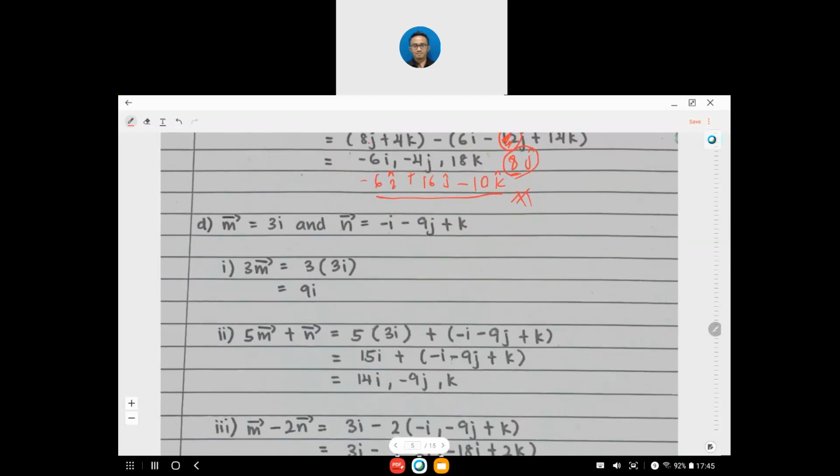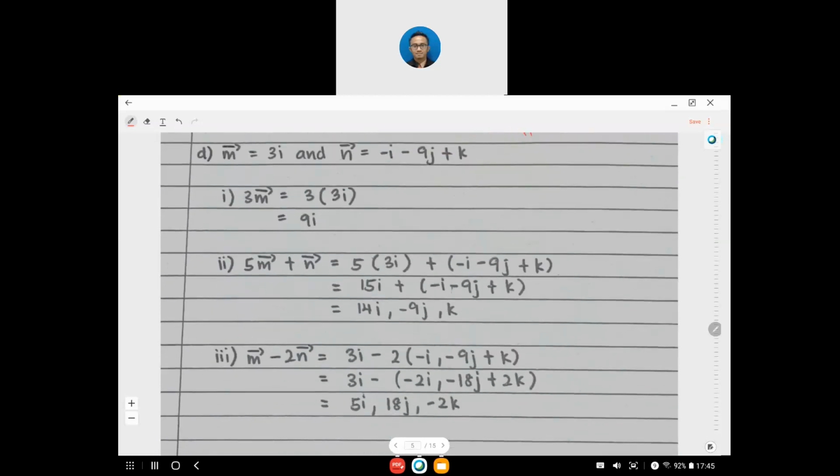Okay, D. Your m equals 3i. This one also same thing, put the symbol, even if it's tiresome.